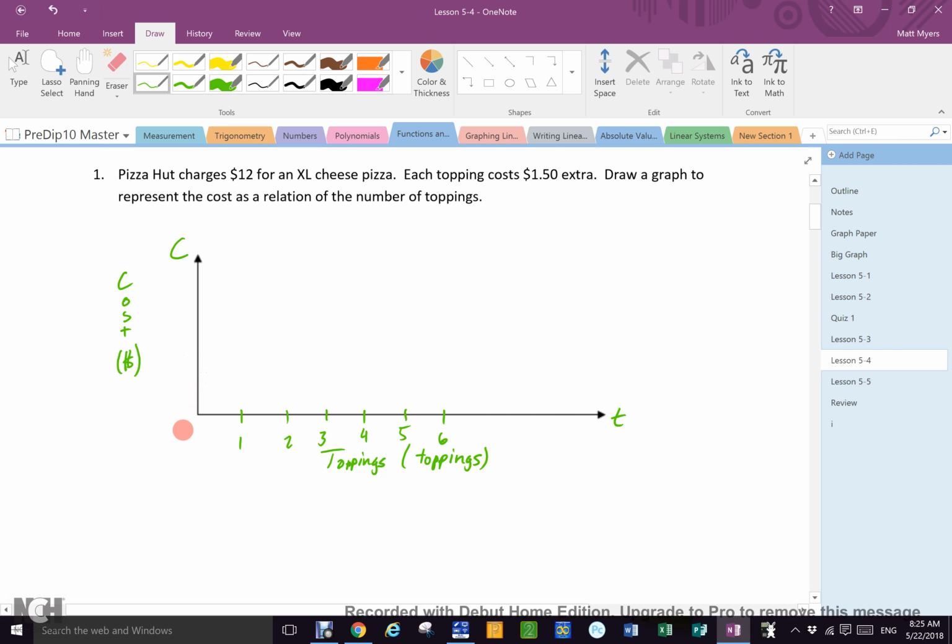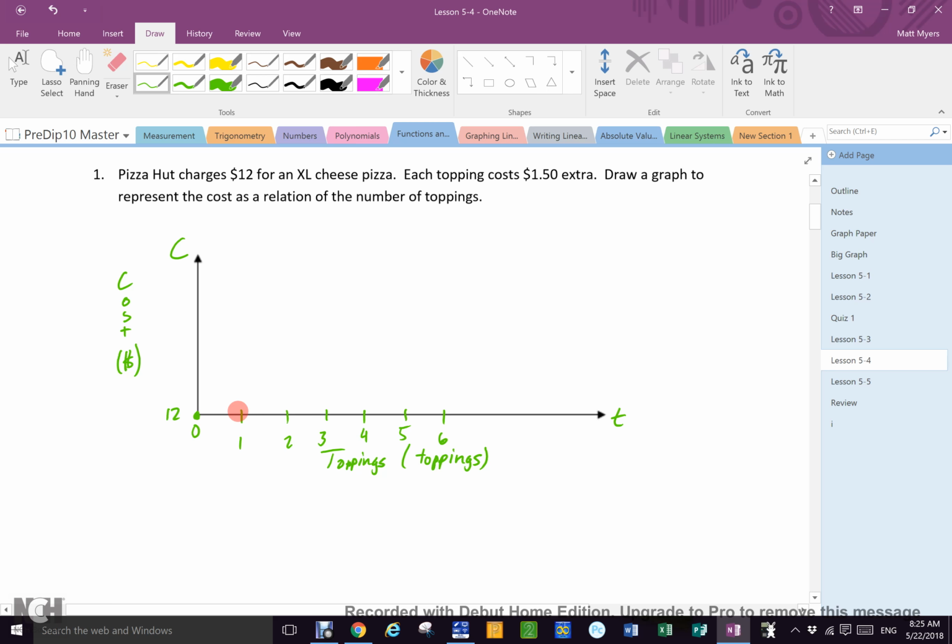All right. What is the lowest amount of cost I could have? Right. So I could go ahead and put 12 right here, couldn't I? And 0 right here for toppings. Yeah? What kind of dot? Open or closed? Closed, because I can have a pizza with 0 toppings and there will be an output of $12.